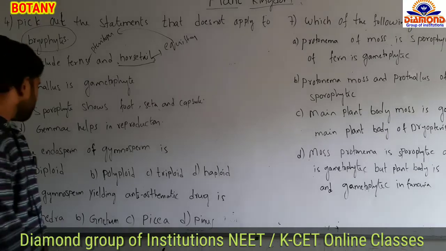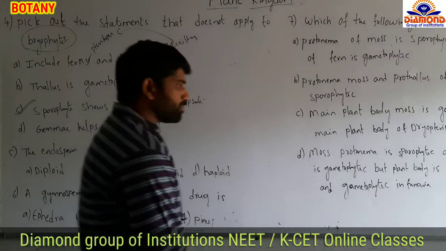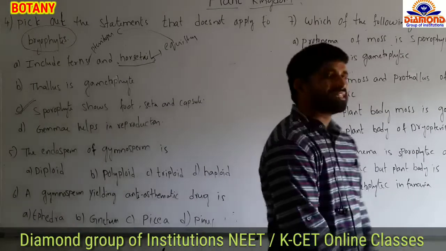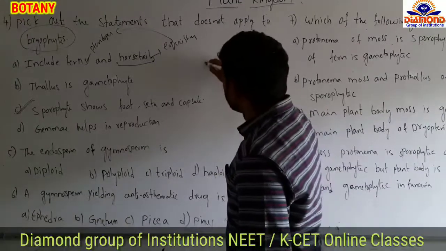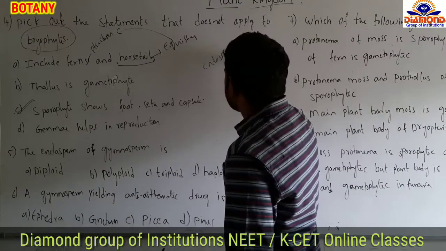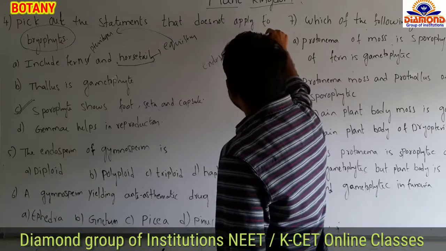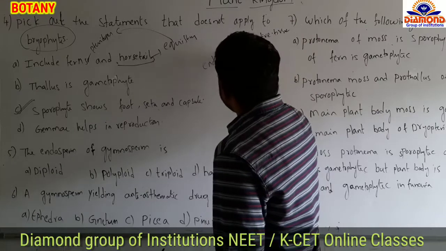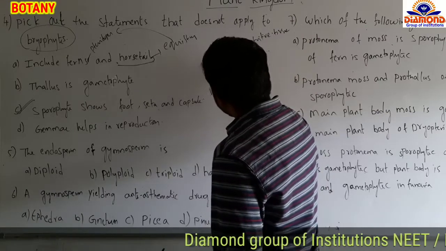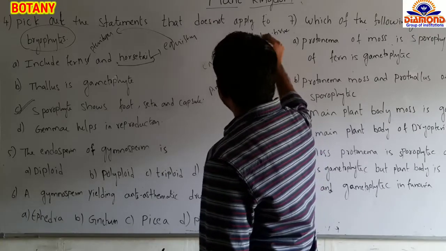And next question, the endosperm of gymnosperm is. We know gymnosperms produce seeds. Endosperm is a specialized nutritive tissue. The endosperm in angiosperms and gymnosperms is different.